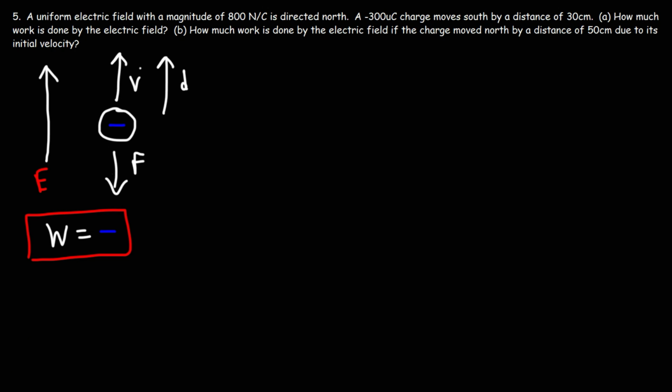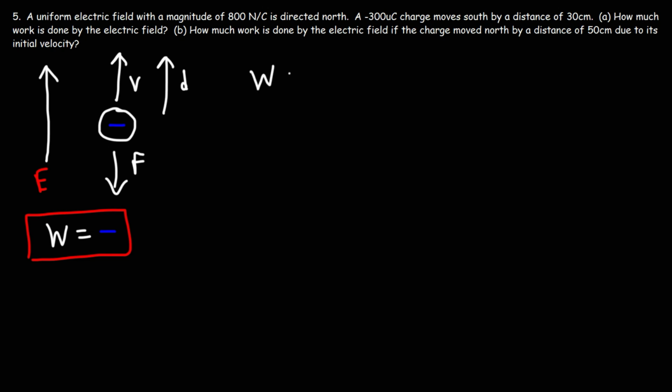The negative charge is initially moving up, the electric force is downward, so eventually the negative charge is going to slow down to a stop, it's going to go up, and then eventually it's going to come back down. But while it's going up, the electric force is doing negative work on the negative charge because it's slowing it down. It's decreasing its kinetic energy.